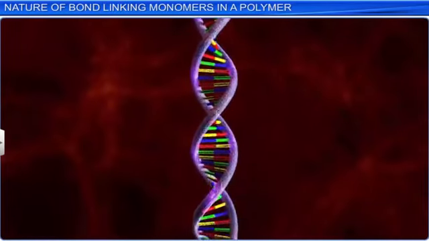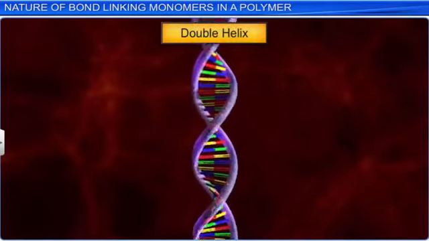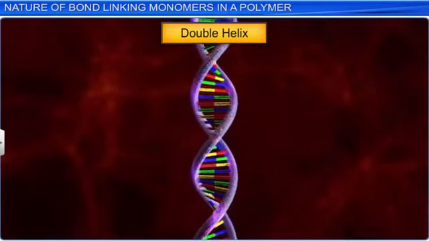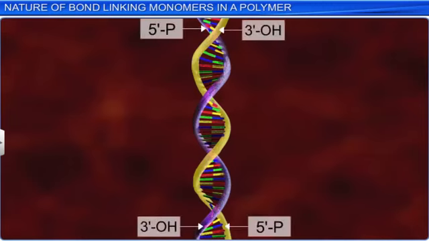Some of the features of B-DNA are that it exists as a double helix. Two strands of polynucleotides run in opposite directions. In other words, they are antiparallel. That is, one strand runs in 3' to 5' and the other strand runs in 5' to 3' directions.